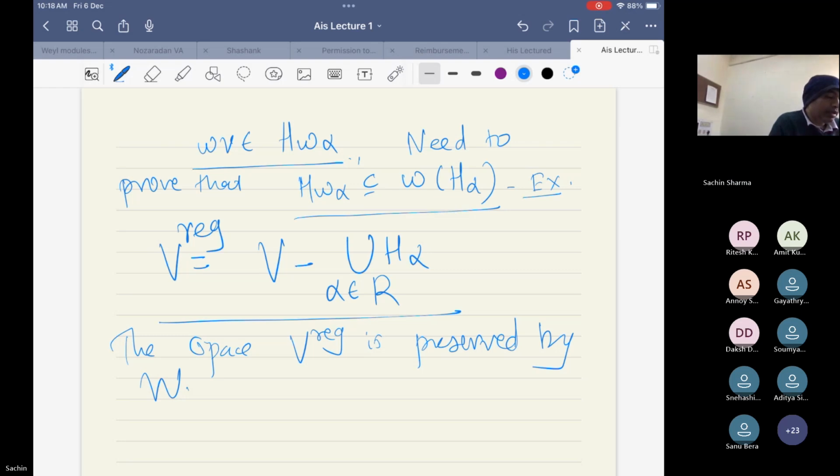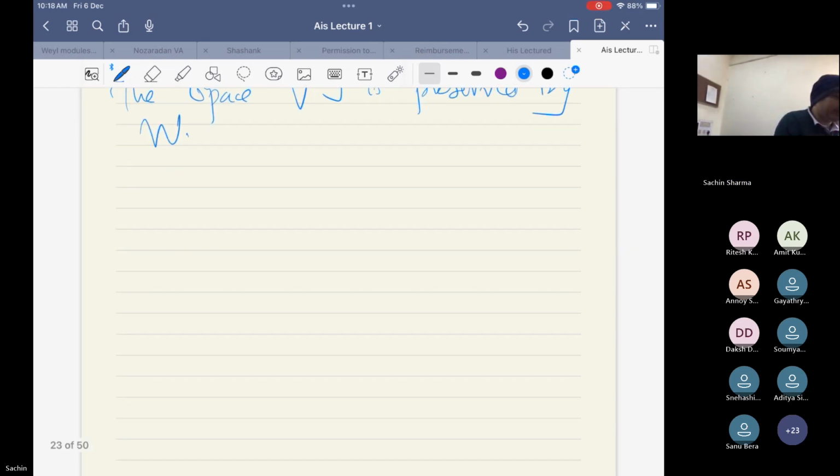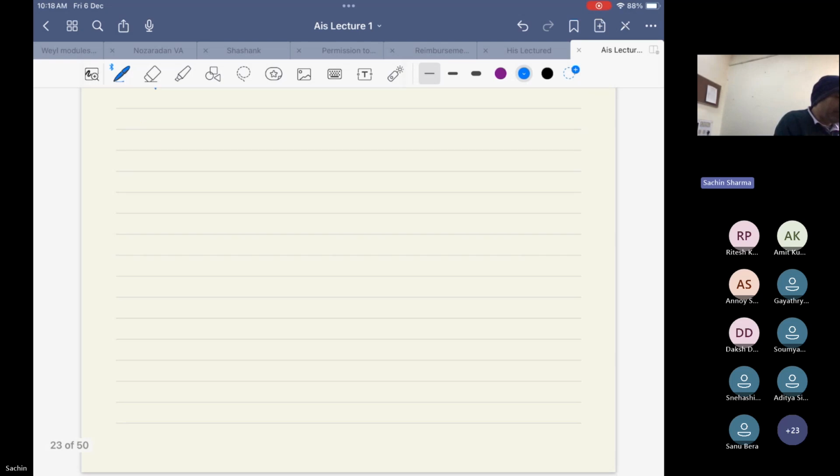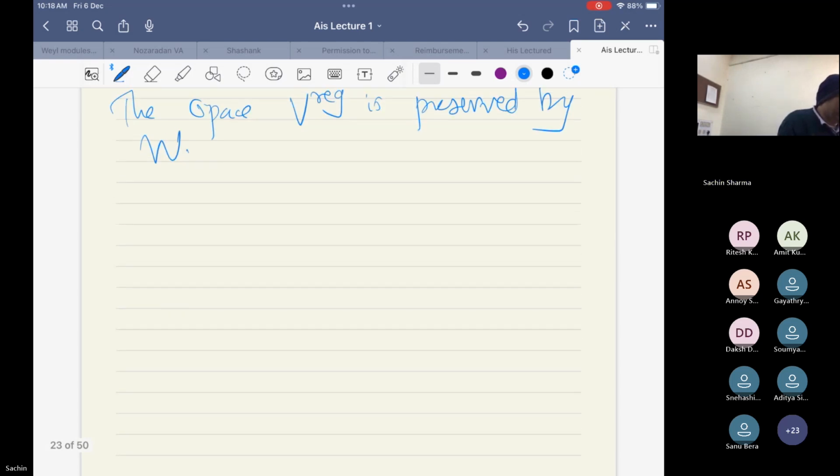Okay. Now, to make this thing geometrically clear, I will start with the A2 system. So what is the A2 system? This is alpha 1.